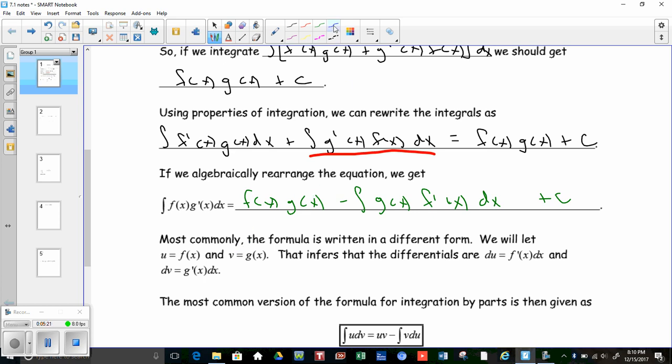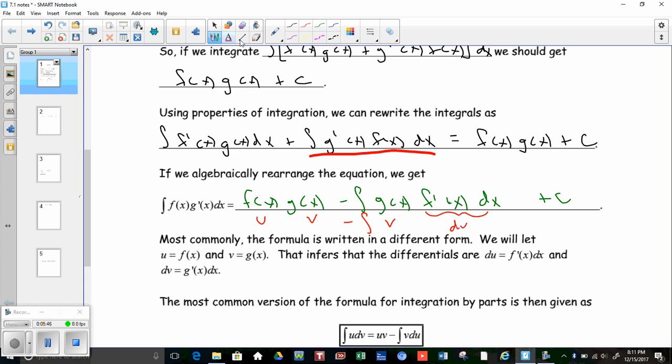So literally when I rewrite this, this is going to be u, this is going to be v, minus the integral. This right here again is v. Now this is f prime of x dx, which is really just the derivative of this. So this whole thing right here is going to be du.